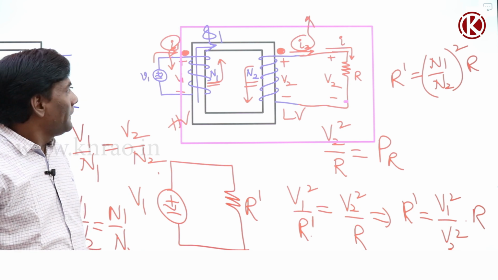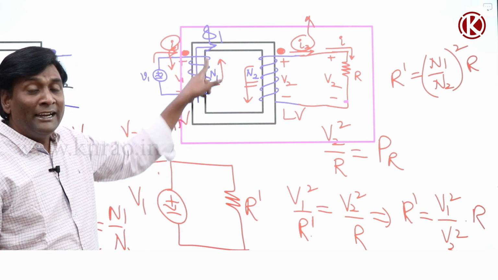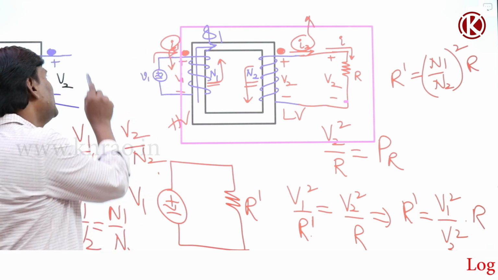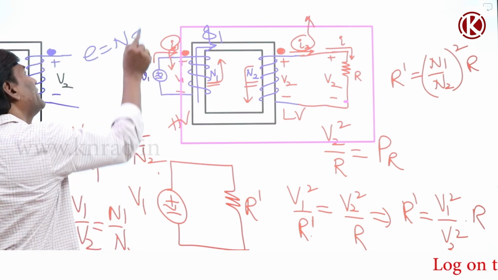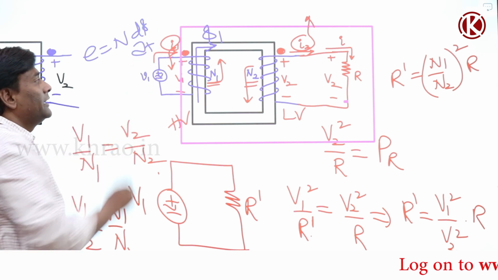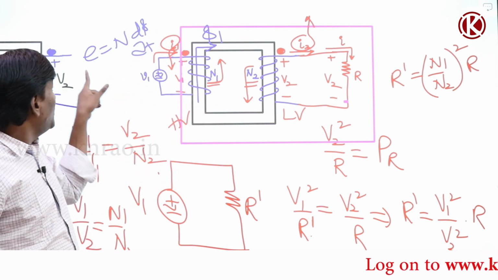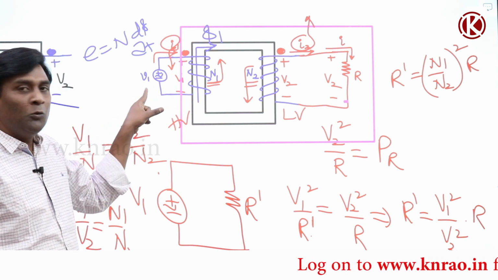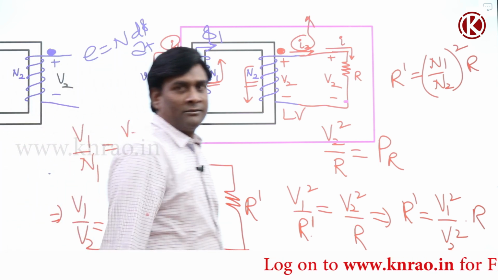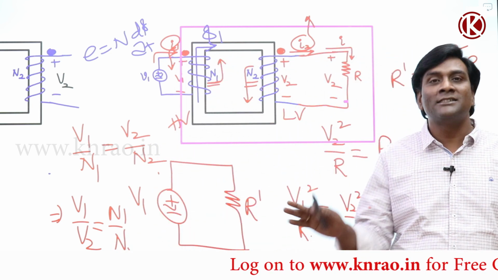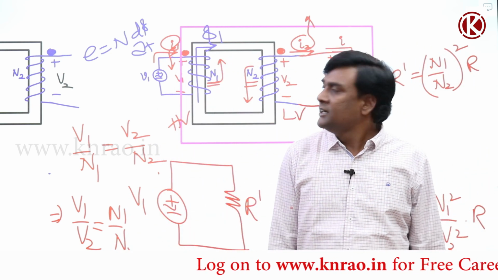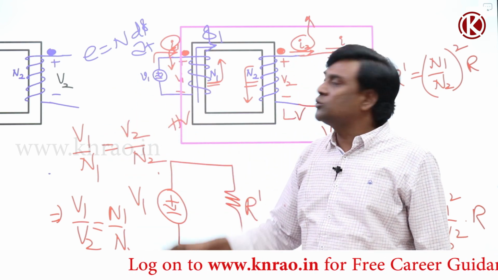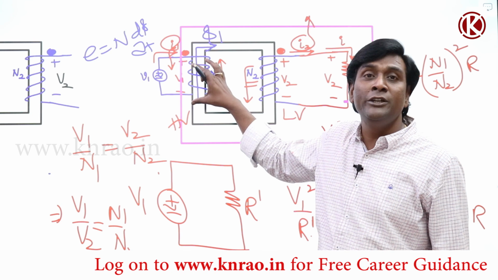One logic here: N d phi 1 by dt is the voltage here. The induced voltage is directly proportional to, or equal to, N d phi by dt. The number of turns is going to be constant and the voltage is going to be constant, because this is an ideal voltage source. If I think of this as a sinusoidal voltage source, only a sinusoidal voltage should be induced here.